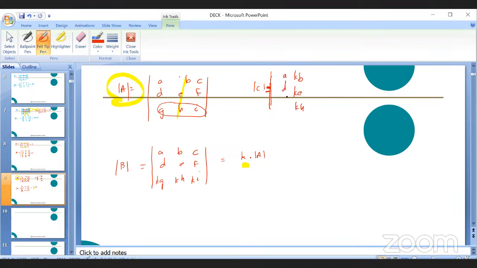The first row I keep the same, and the third row I keep the same. So the answer will be the same as the determinant of A but multiplied by k. This is the fourth property. So I told you with examples.